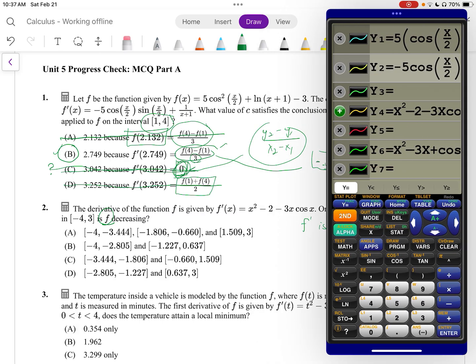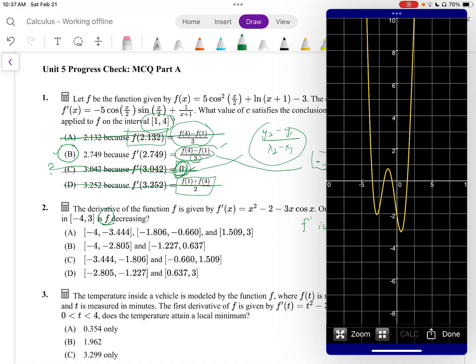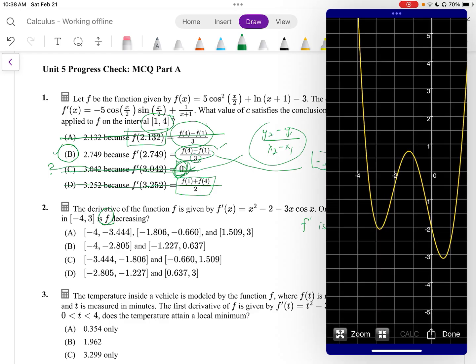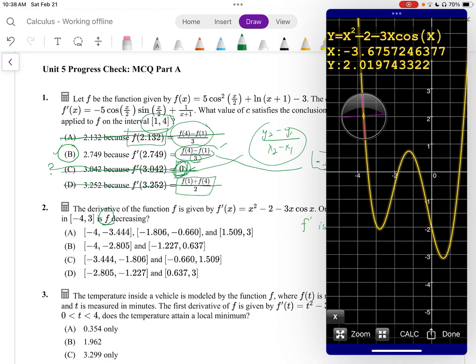So let's graph this. We want to find when it's below the x-axis between -4 and 3. So we can zoom in a little bit. It looks like -3 point something to -1 point something, and we could find those values. This one is really easy. I can just come down here from -3.44.